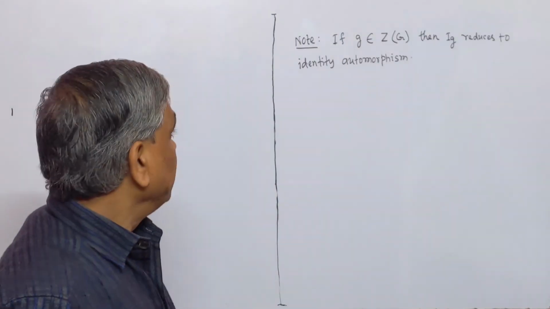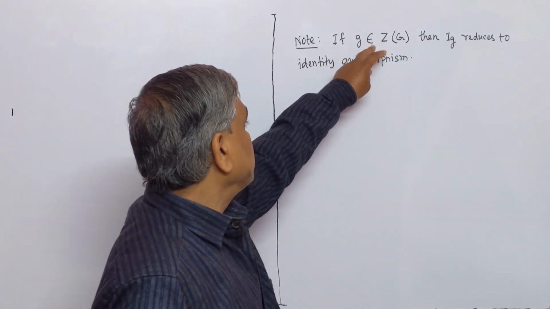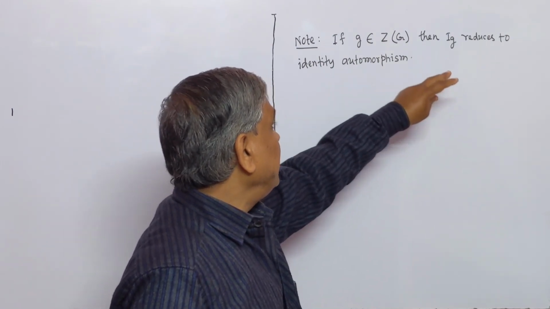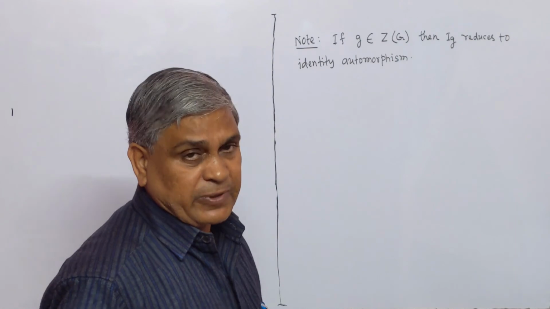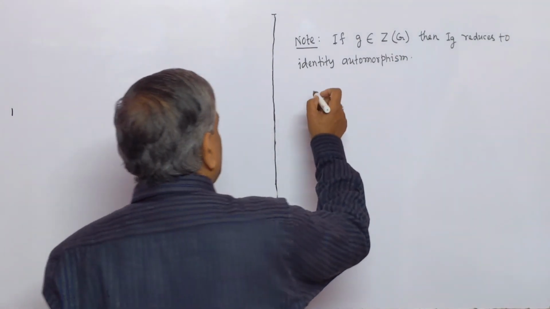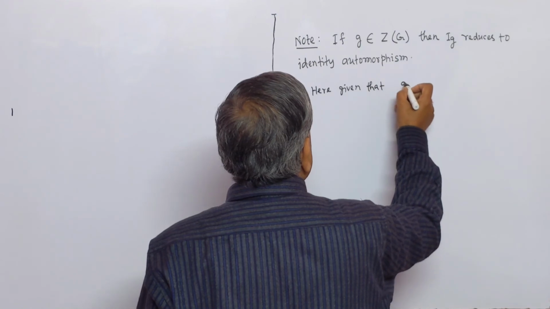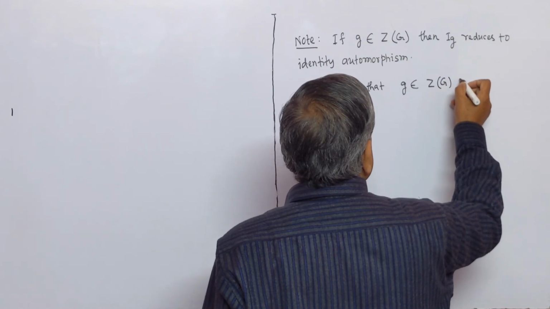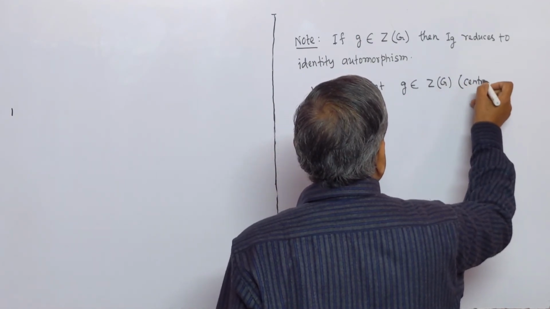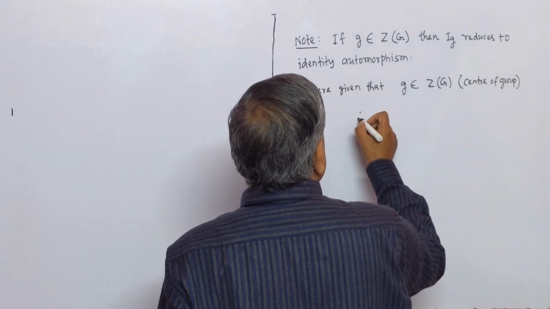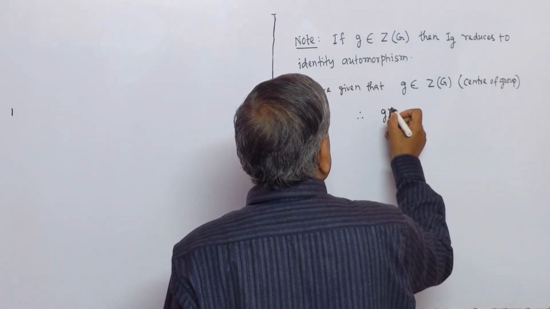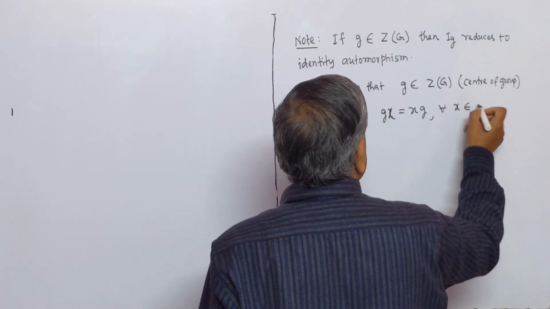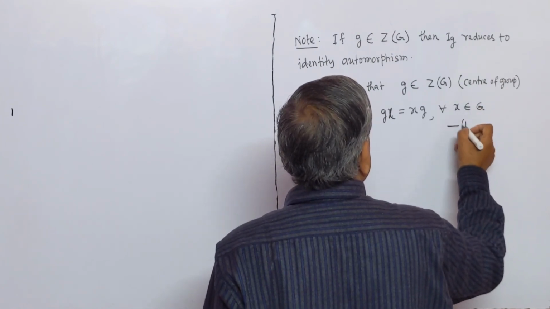Here we have a note. If small g belongs to Z(G), the center of the group, then I_g reduces to the identity automorphism. Here given that small g belongs to Z(G), the center of the group. Therefore, g x equal to x g for all x belongs to group G. This is number 1.